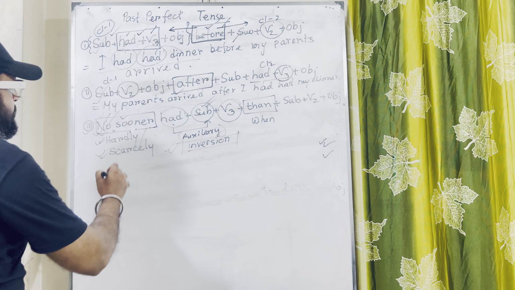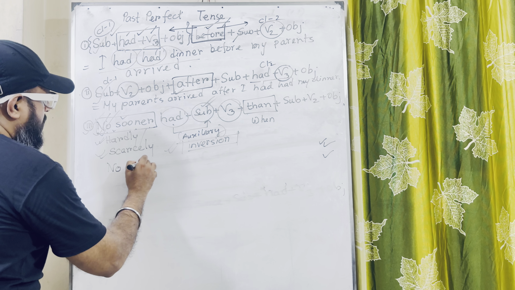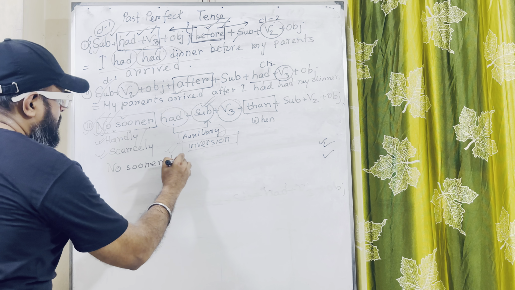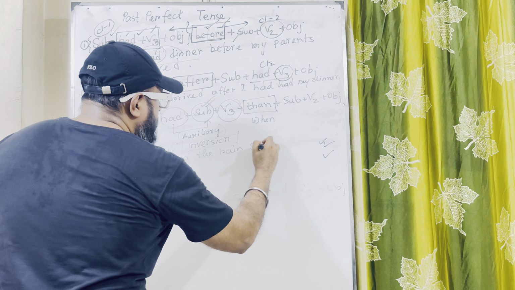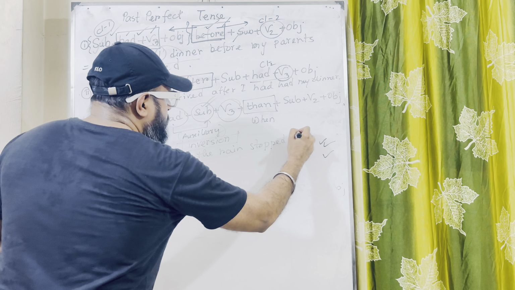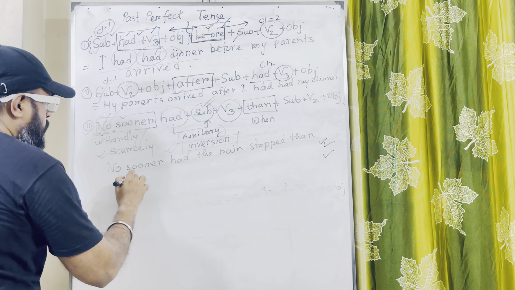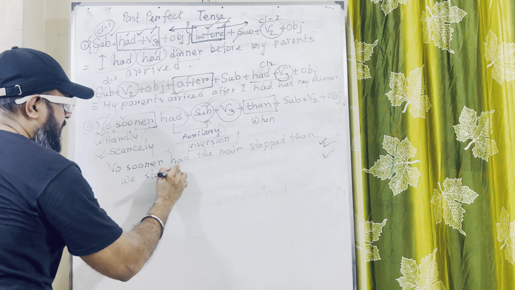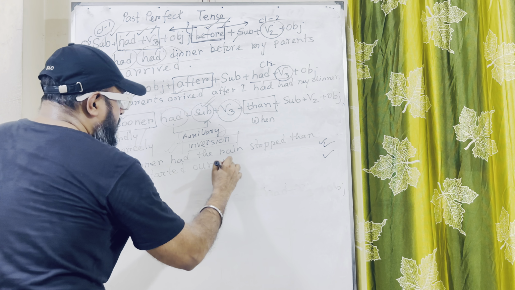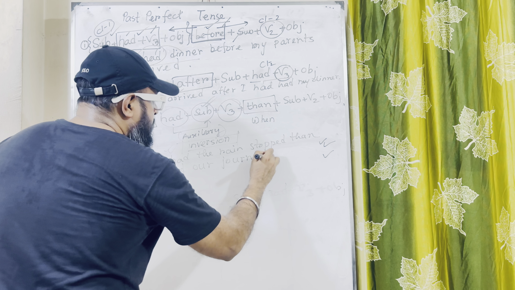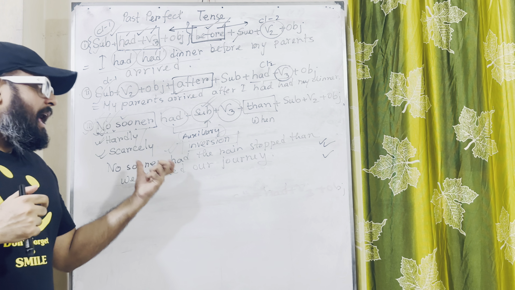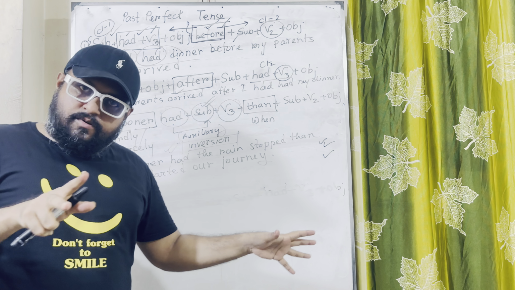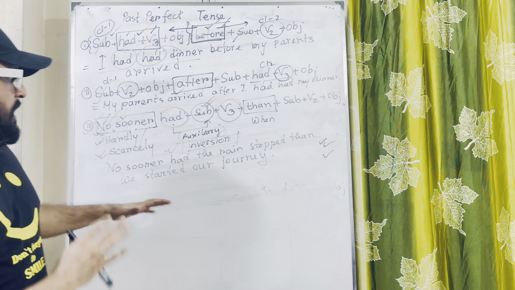For example, no sooner had the rain stopped than we started our journey. A very common example in English grammar books. No sooner had the rain stopped, that means the rain stopped, and after that we started our journey.